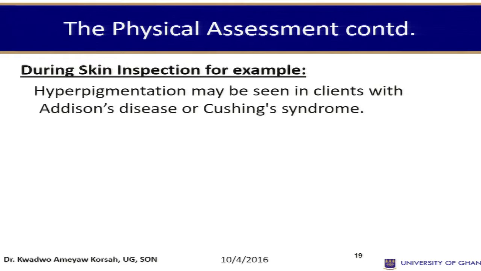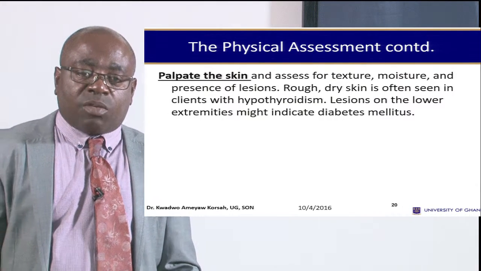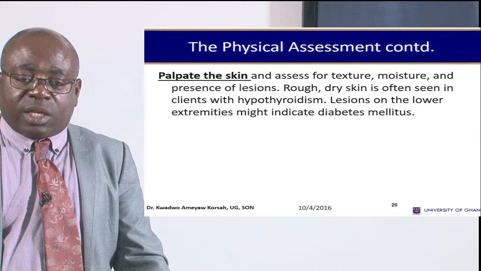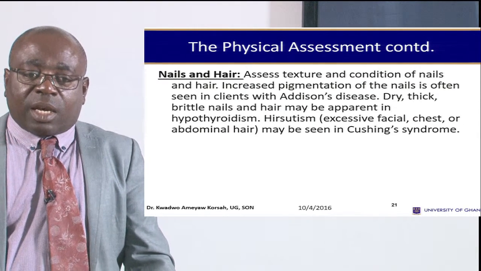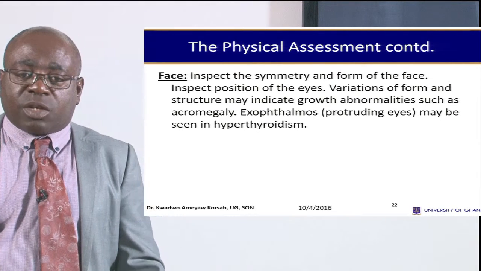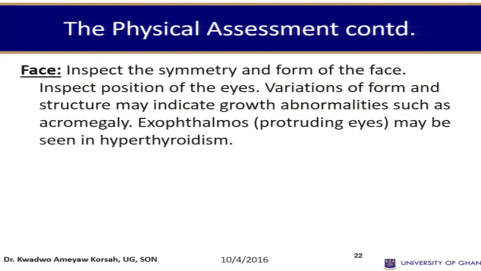Physical assessment is based on the specific organ in question. For instance, during skin inspection, we can look at hyperpigmentation, which may be seen in clients with Addison disease or Cushing's syndrome. We need to palpate the skin and assess the texture, which we have already done in skin, hair, and nail assessment. Then we can look at the face, inspect the symmetry and form of the face, and inspect the position of the eyes.